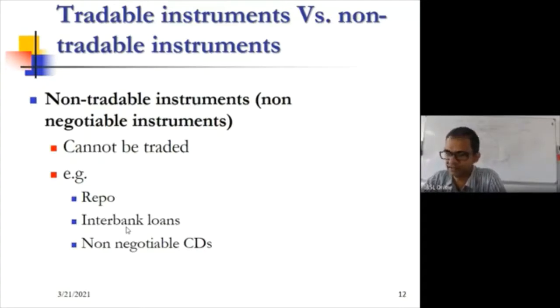Interbank loans are almost the same. You have to wait until maturity, and the same with non-negotiable certificates of deposit. You cannot transfer the ownership to anyone else or go back to the bank and give it back. You have to hold it until maturity.